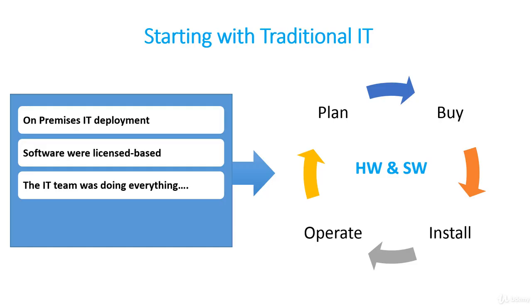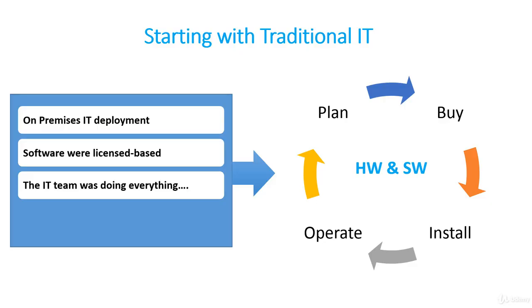Basically, it is quite a logical life cycle: plan, buy, install, operate, and start all over again when demands are changing. The organization must invest in hardware, software, ongoing upgrades, maintenance, support, customization, and of course, manpower.